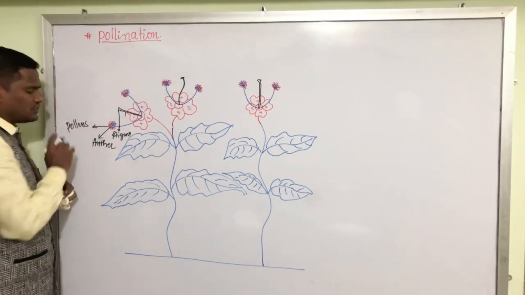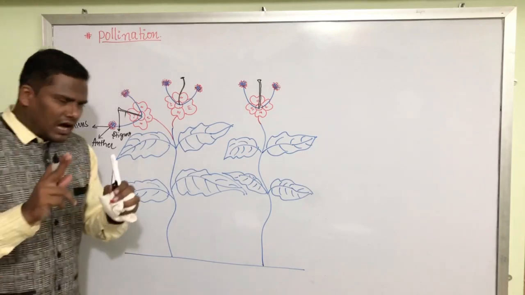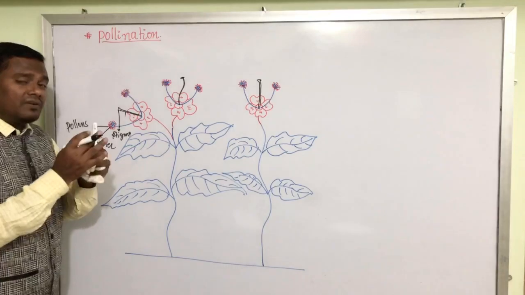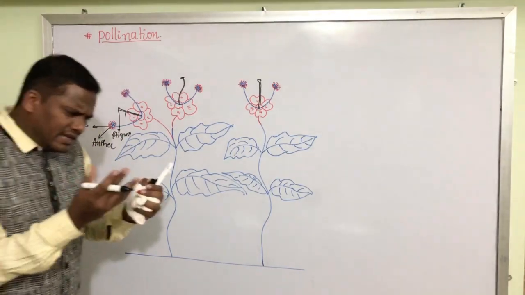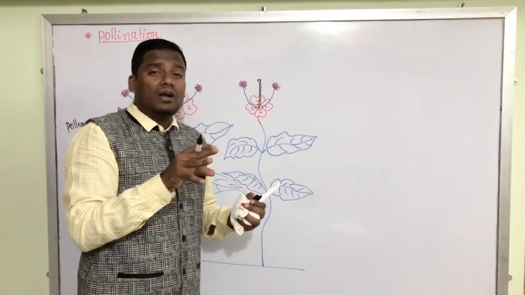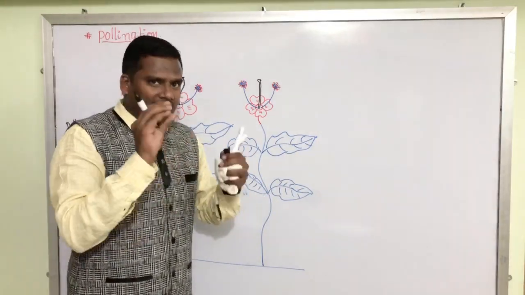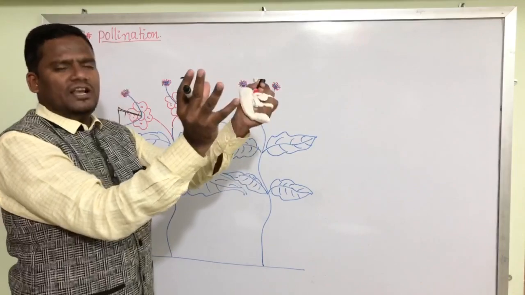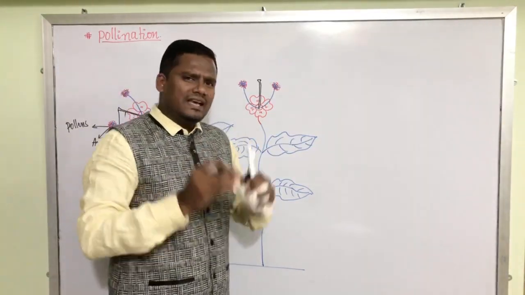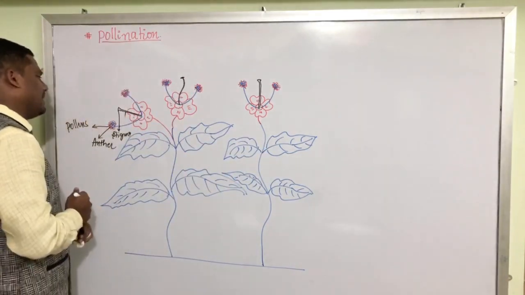Pollens are present on the anther after maturity, after dehiscence of anther. Pollen grains break the antheridial walls and they come out. That is called anthesis. Anthesis means release of mature pollen grains by breaking the antheridial wall. It is also called dehiscence of anther, my dear friends.